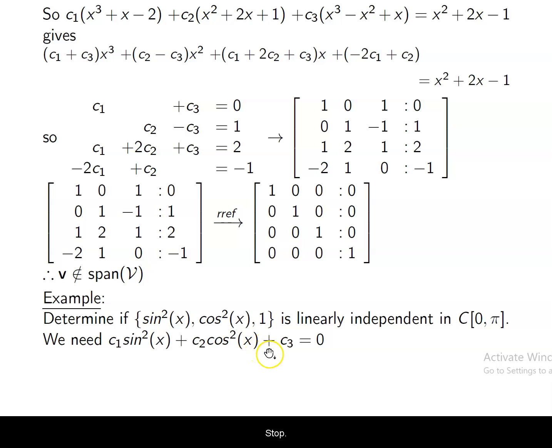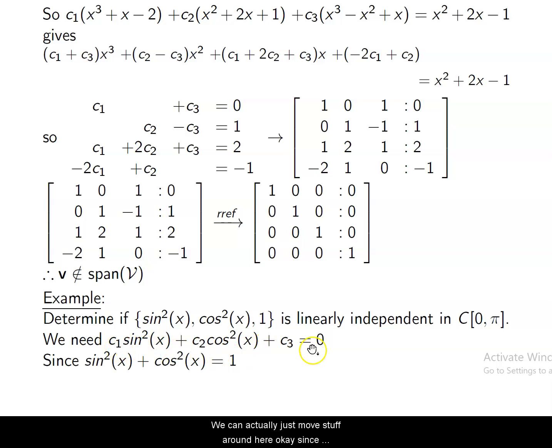So we can actually just move stuff around here. Okay, since we have this identity, sine squared plus cosine squared equals 1, we really have this is 1, right? If we let C1 and C2 be 1, then we have 1 plus some C3 equals 0. So then that means we can just have C3 be -1, right?